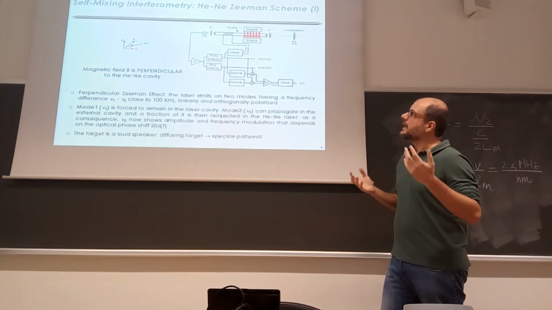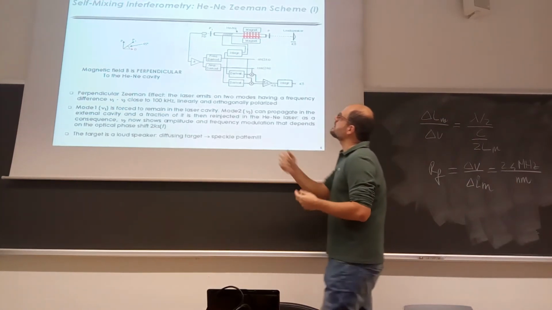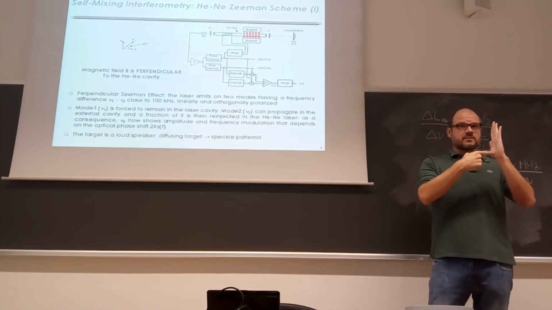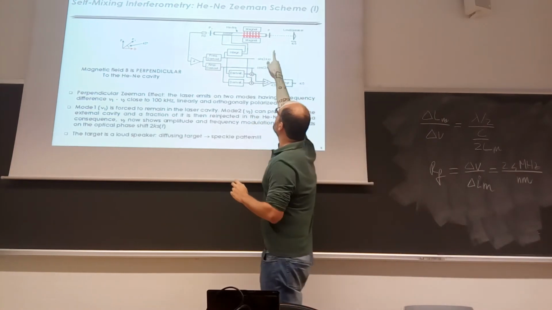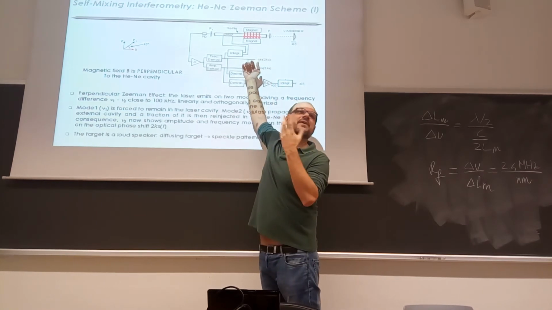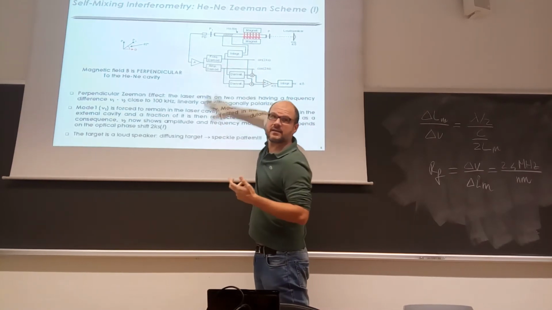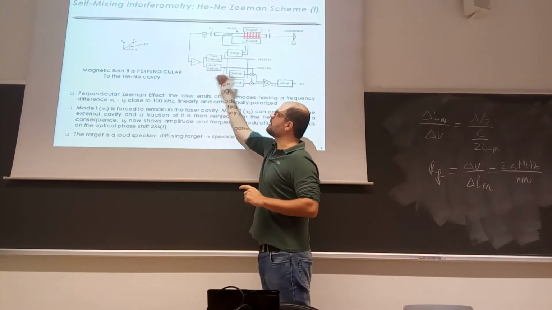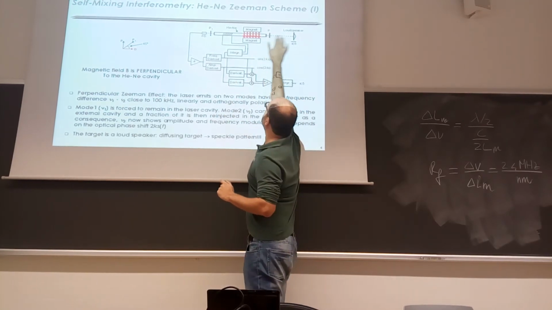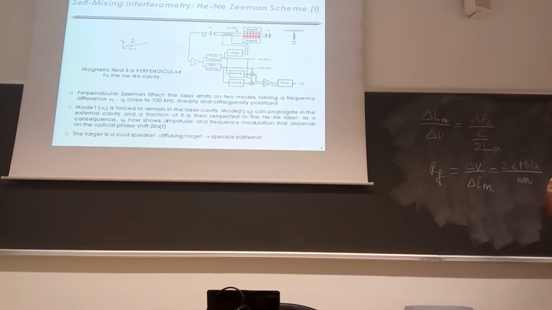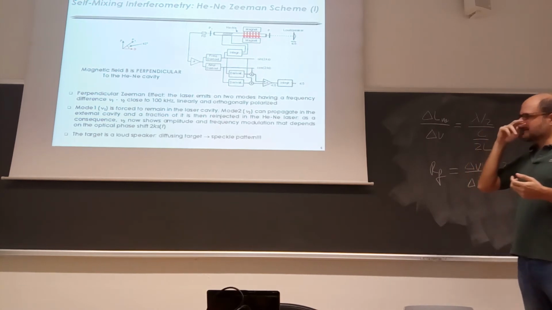What is the way to do this? Use a polarizer here that blocks one of the two polarizations. Since the polarizer is directed orthogonally, the reference mode is the one that is planarly polarized. So the mode with orthogonal polarization with respect to the slide is able to go into the external cavity, and it is the mode that will be frequency and amplitude modulated.